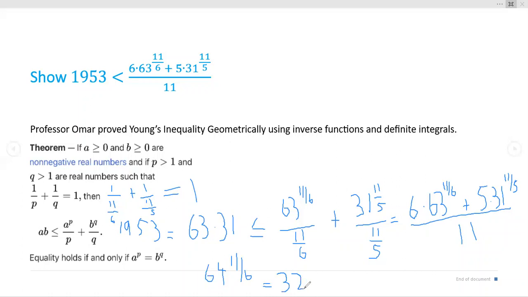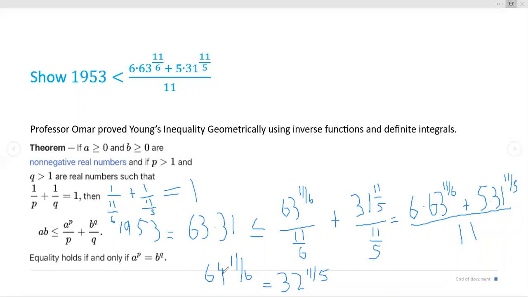So that explains why this ends up being very sharp, and I'm going to write down the decimals here in just a minute. This is true because 32 to the 1/5 is 2 and 64 to the 1/6 is 2. So this is true. Notice how close these numbers are.